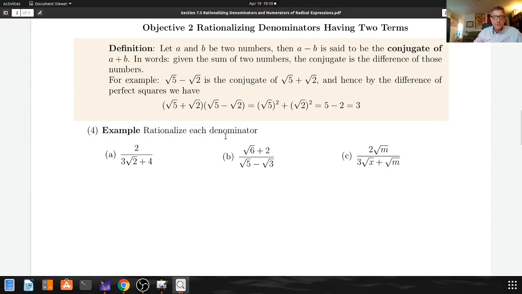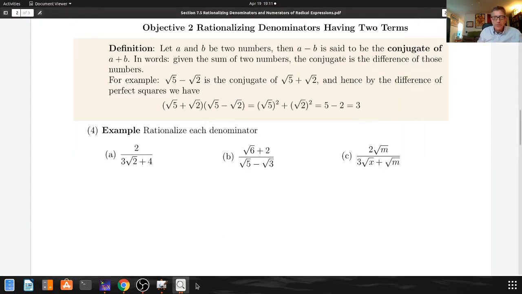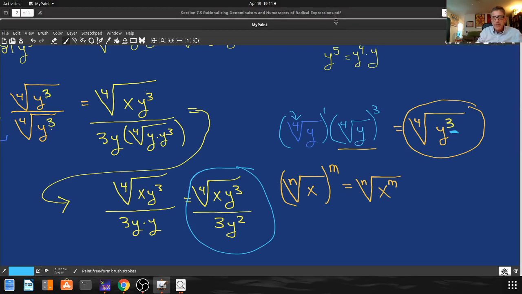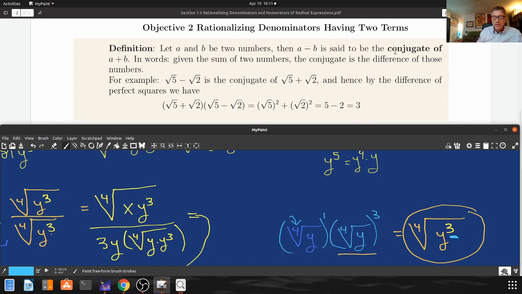This is a really important concept that we're going to be using, because eventually we're going to be looking at complex numbers. And this concept that I'm getting ready to introduce you to now is called the conjugate. So let A and B be two numbers.